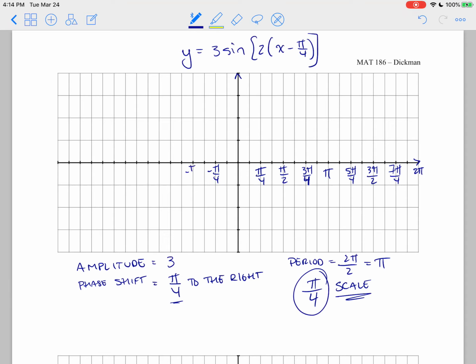And we continue to fill out this whole x-axis. We want to fill up this graph as much as we can with our trig function.